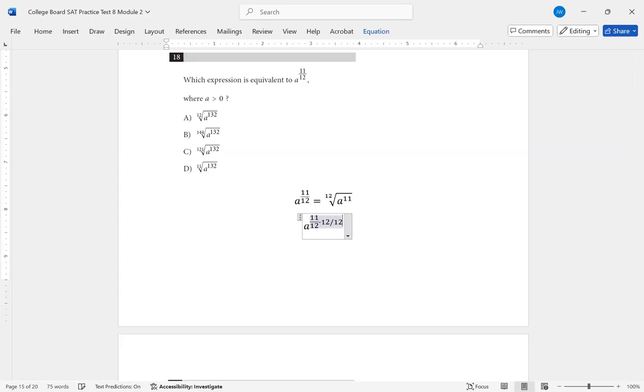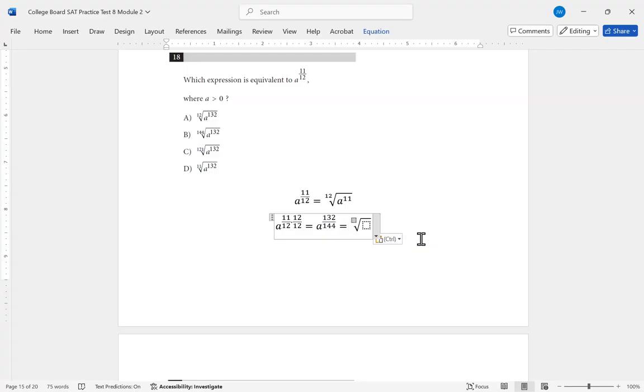So if I multiply by 12 over 12, then what that gives me is A raised to the power of 132 over 144. 11 times 12 is 132. 12 times 12 is 144.